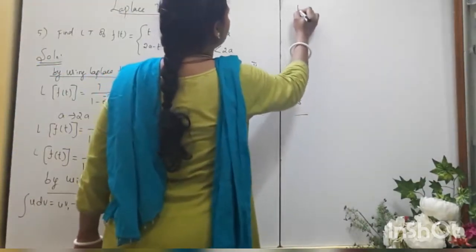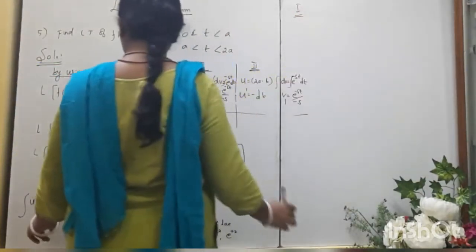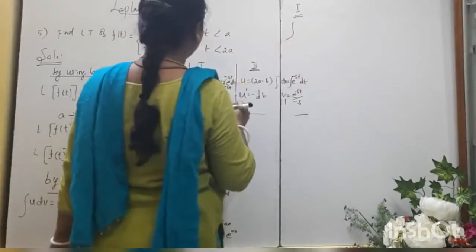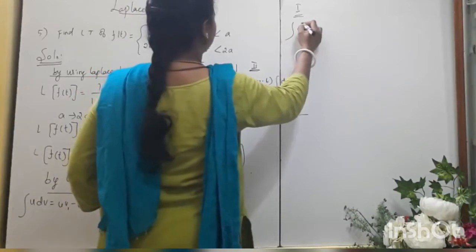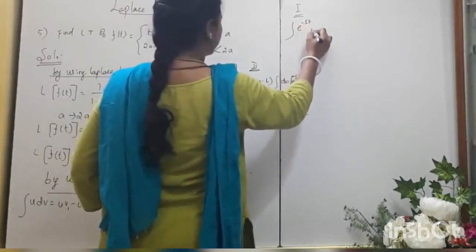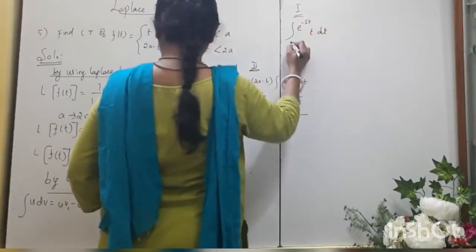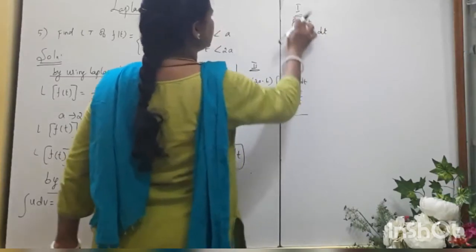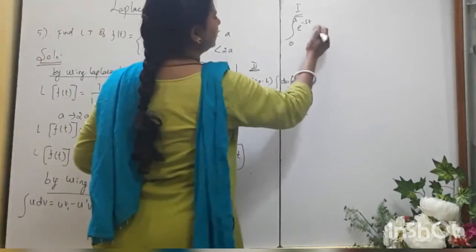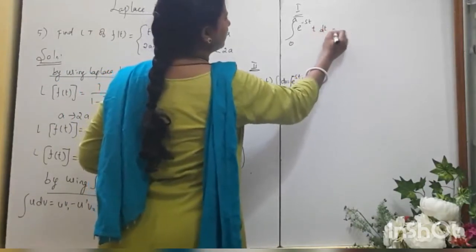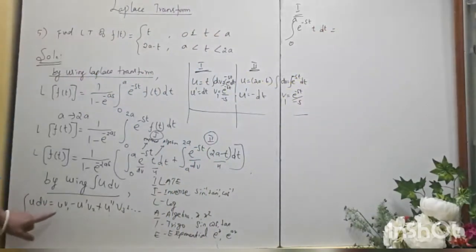So here, first one, integral e power minus st t dt, limit is 0 to a. This is the first one. Here you are going to apply the formula. Already you know the formula: u v1 minus u dash v2.